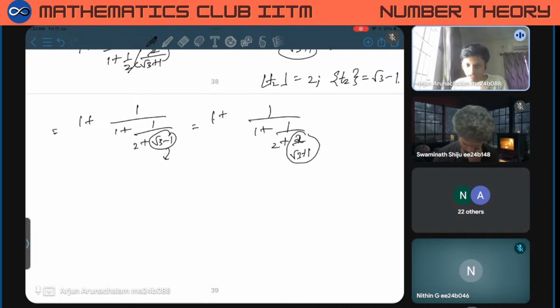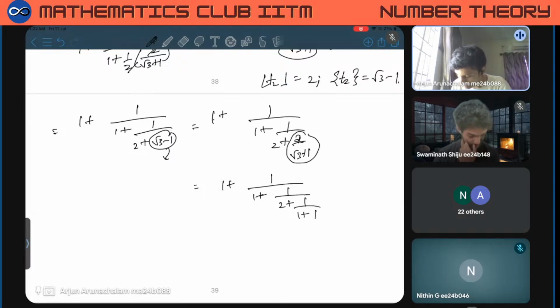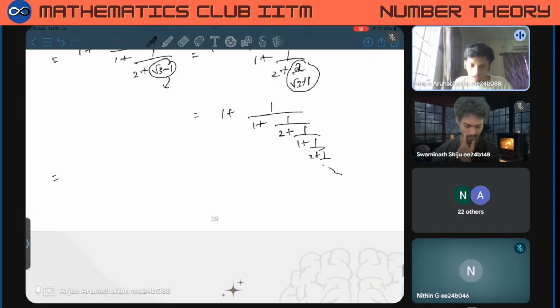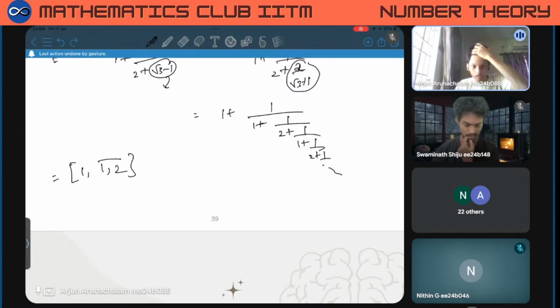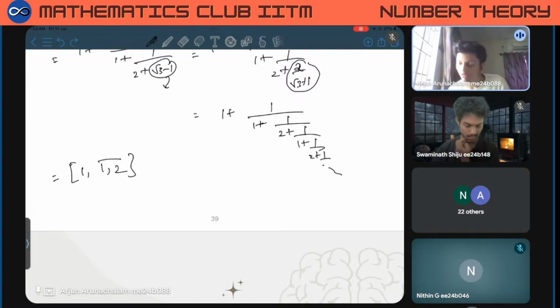So essentially the fraction just keeps repeating from here on. So it's like 1 plus 1 by 1 plus 1 by 2 plus 1 by 1 plus 1 by 2 plus so on. So you can write this as 1 comma 1 2 bar, because this repeats in units of 1 and 2. So this is the continued fraction expansion of root 3.